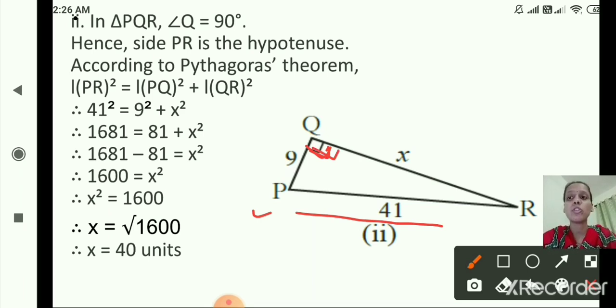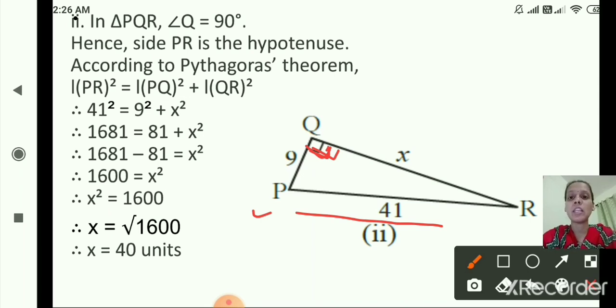So in the solution, first we'll write down, in triangle PQR, angle Q is equal to 90 degrees, and hence side PR is the hypotenuse. Now according to Pythagoras theorem, what is Pythagoras theorem?